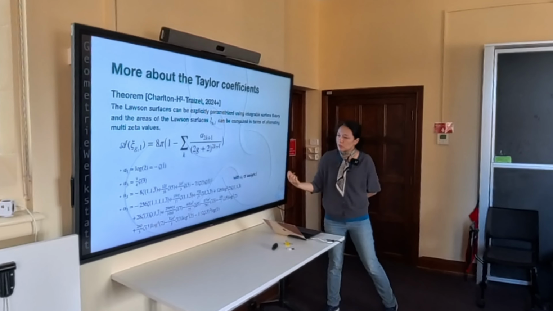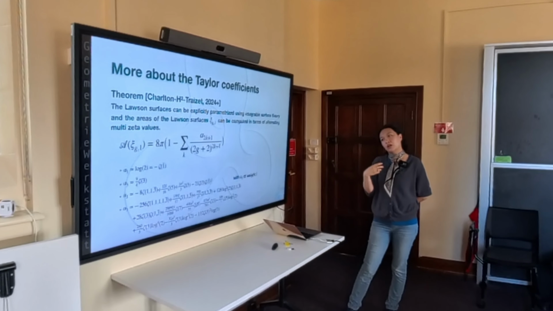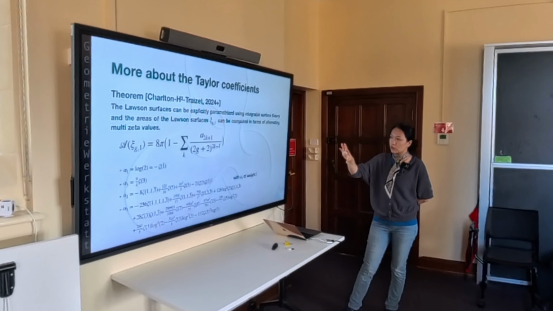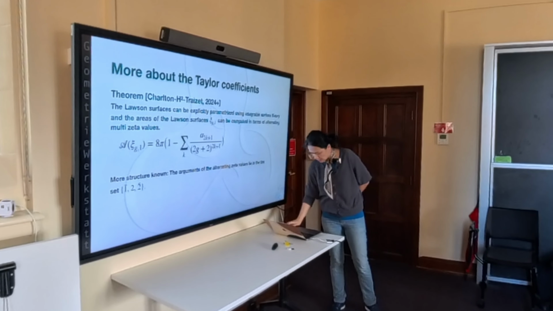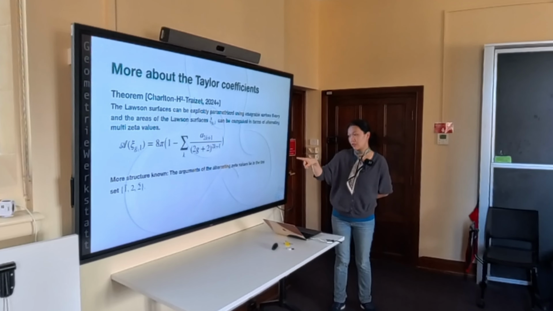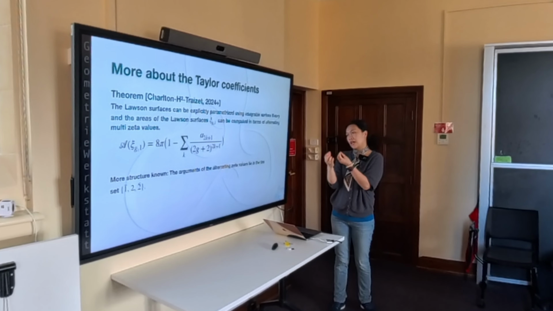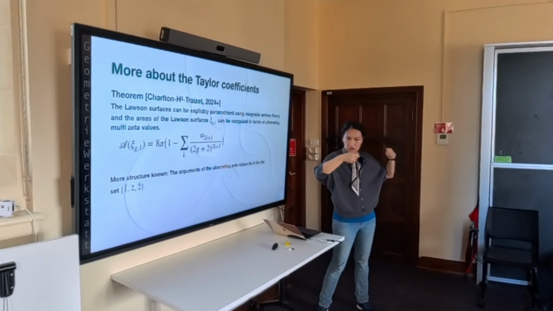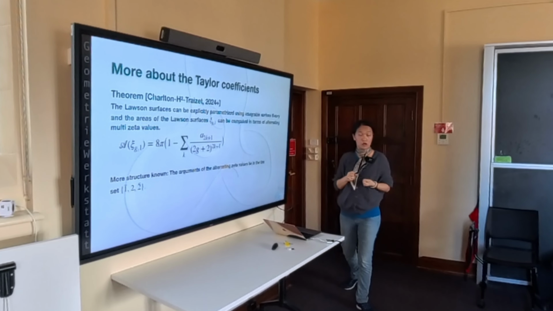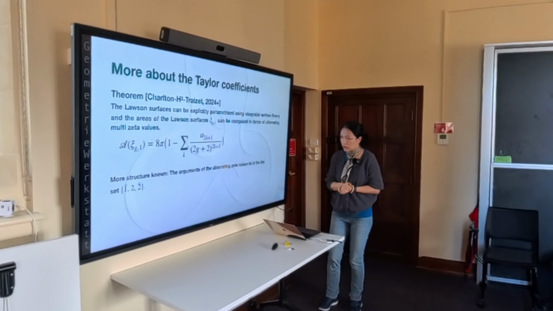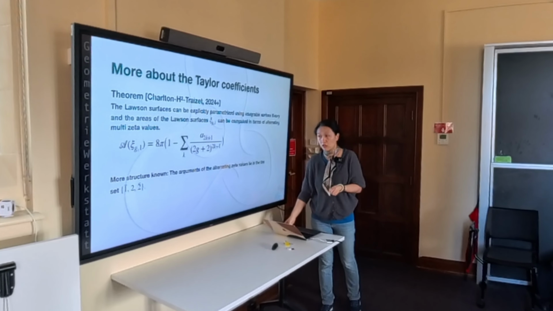So we have some more understanding now of, at least in the minimal case, how these coefficients look like, in which space they are. We can show that these coefficients have zeta values where your entries are only 1 bar, 2, and 2 bar, and they sum up to the index of your coefficient. Right? So it actually suggests some more structure out there.